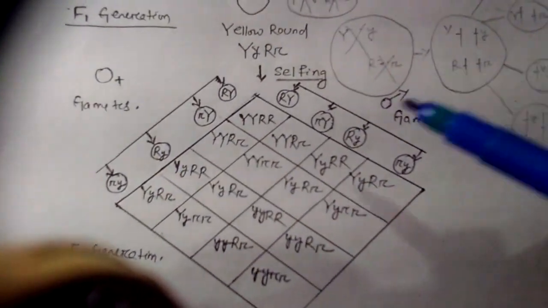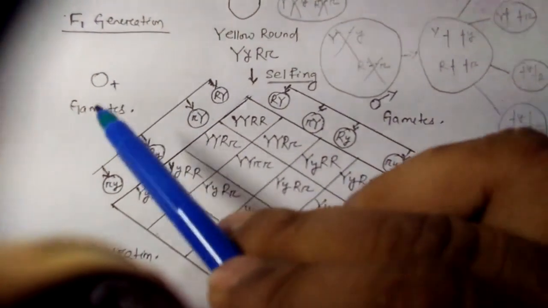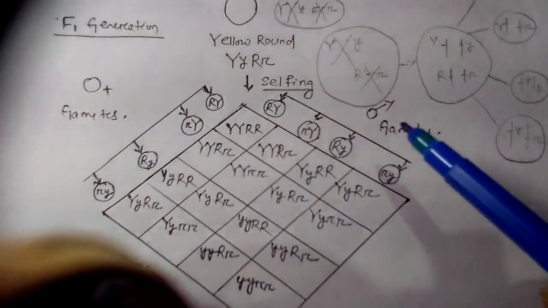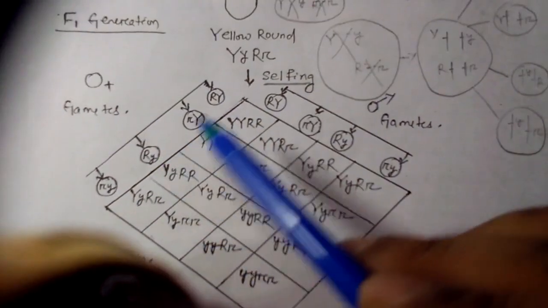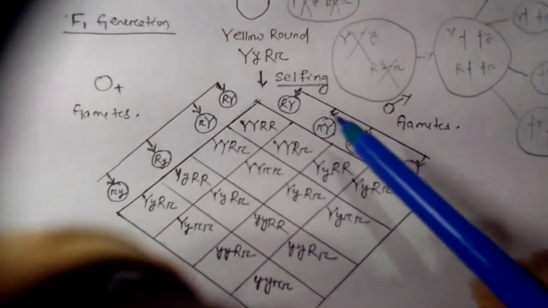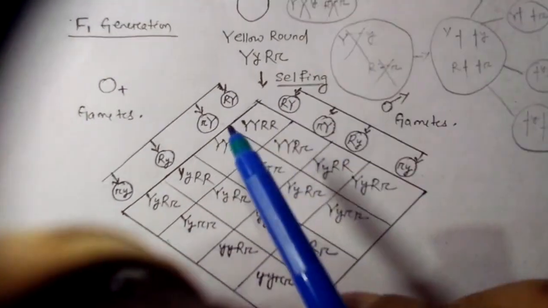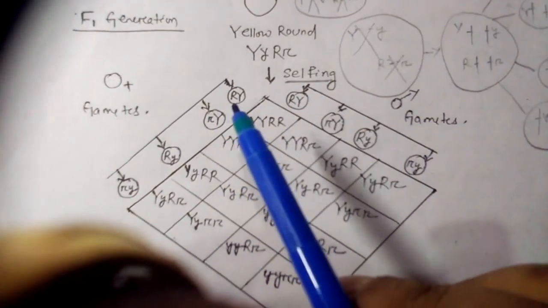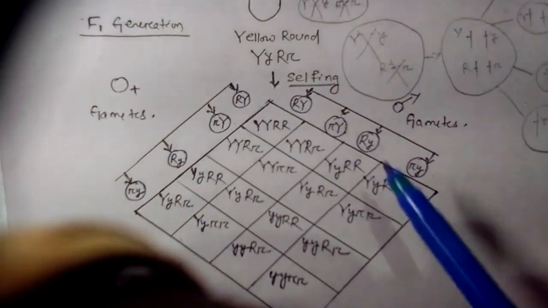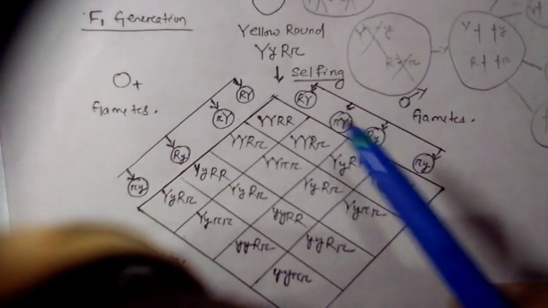Now by the help of the Punnett square, this is your male and this is the female. Both have the same types of gametes, all four types. If you do a Punnett square, you get 4 into 4, a total of 16 small squares.